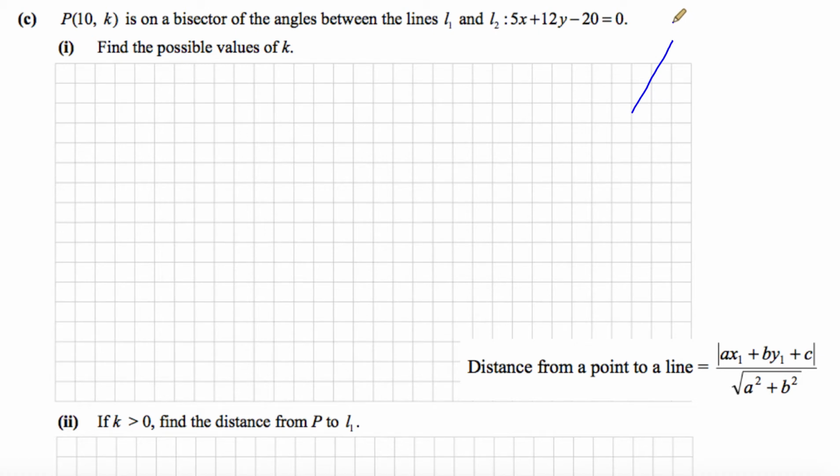If that's L1, let's say this was L2, I'm just drawing these randomly now, and you know that the point (10, k) is on a bisector of the angles between the lines. In other words, it's going to be somewhere here, the point P, somewhere on this line.